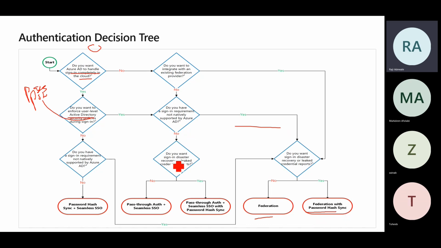In this particular case, do you want sign-in disaster recovery or probably a leaked credential report? So you can see sign-in disaster recovery and some of these leaked credential features are features of the cloud, and that's what we'll talk about next, where we'll talk about identity protection.